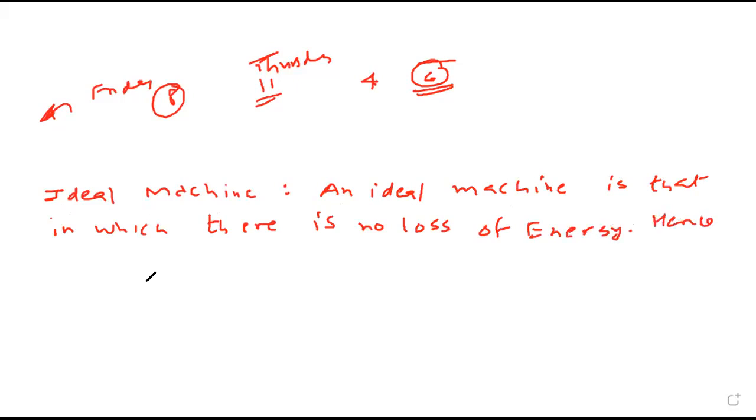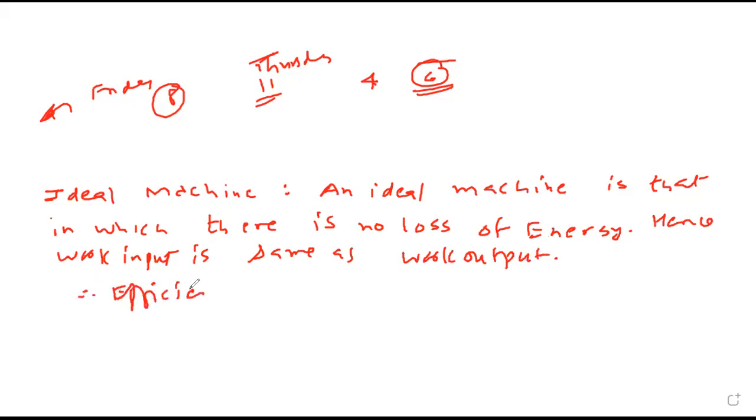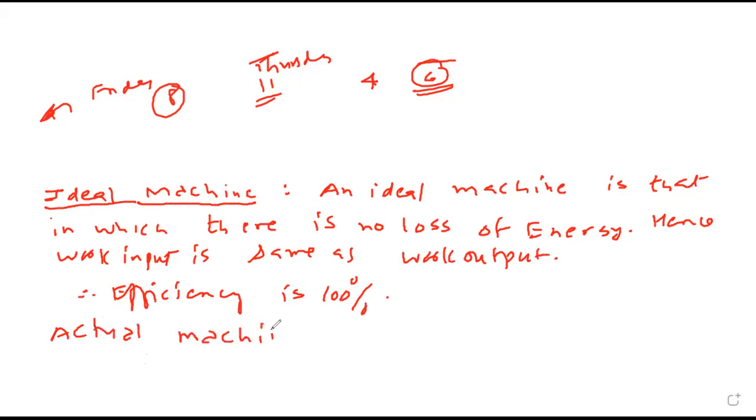Hence, work input is the same as work output. Therefore, efficiency is 100%. Practically not possible. So when energy input is the same as energy output, or work input is the same as work output, we say it is an ideal machine. But for an actual machine, will the output be the same as input?